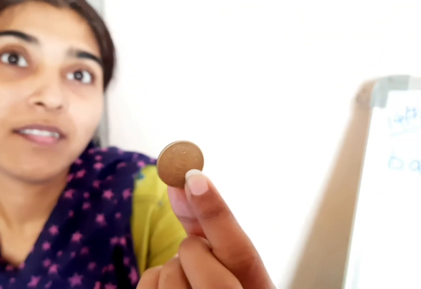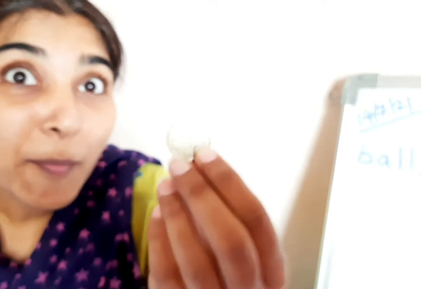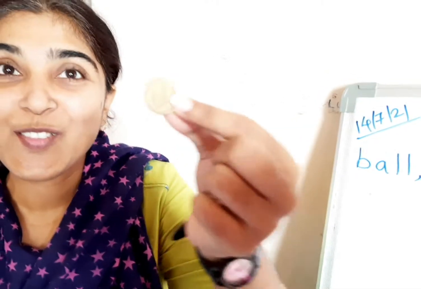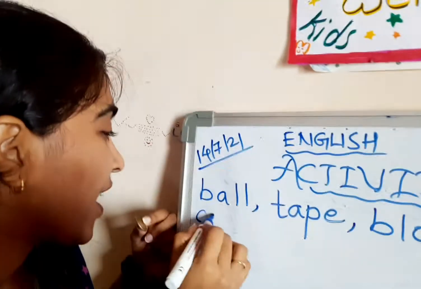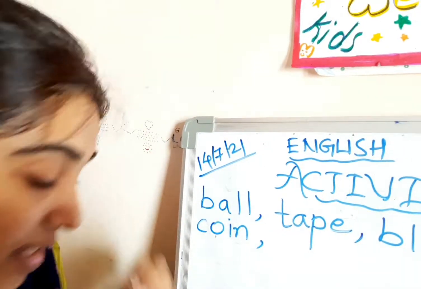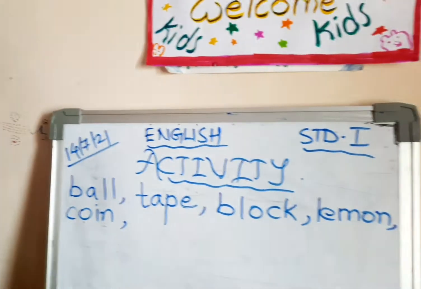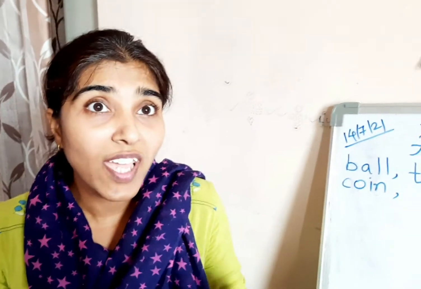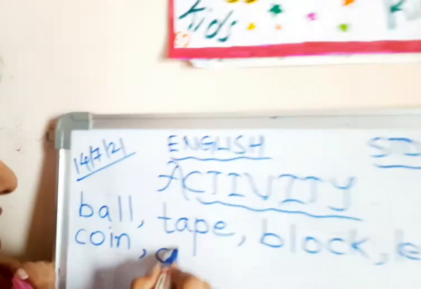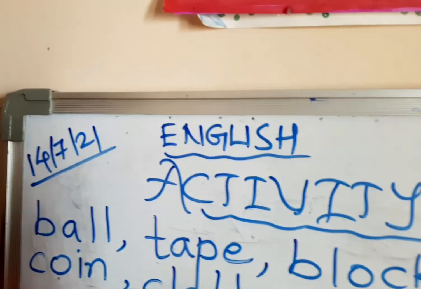Yes, so this is a coin. And as it is rainy season, our clothes don't get dry, so we use this clothespin to dry our clothes, right? Yes, so this is a clothespin.